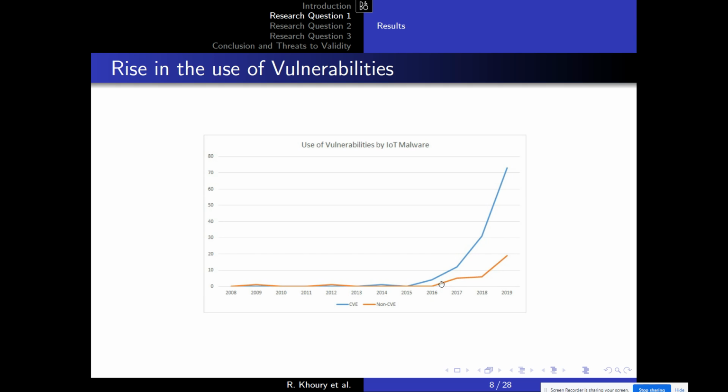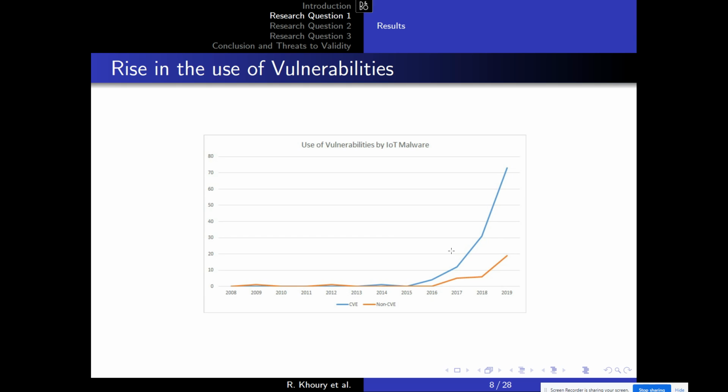But then starting in 2016, the use of vulnerabilities really became almost the default attack vector against IoT. And the second thing we can see is that this NVD database really seems to be the preferred source for finding vulnerabilities for IoT malware developers. The CVE vulnerabilities outnumber non-CVE vulnerabilities by a factor of 4.